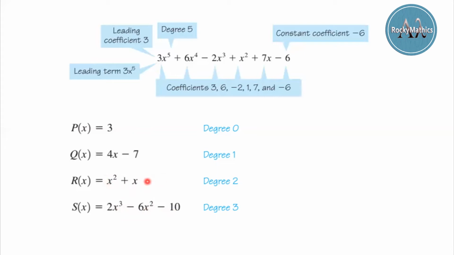In this case, what is the constant coefficient? It is 0, because there is 0 here. If you add 0, it is still x squared plus x. What is the constant coefficient here? It is negative 7. Okay, so this is how we identify the leading term, leading coefficient, the degree, the coefficients, and the constant coefficient.